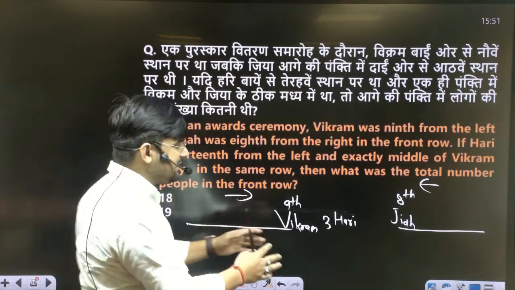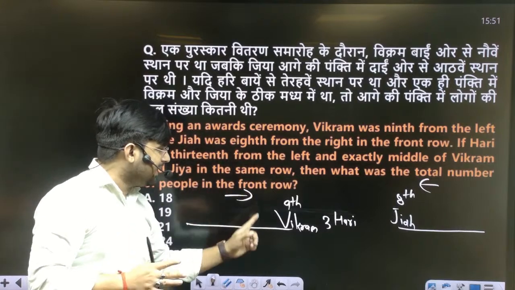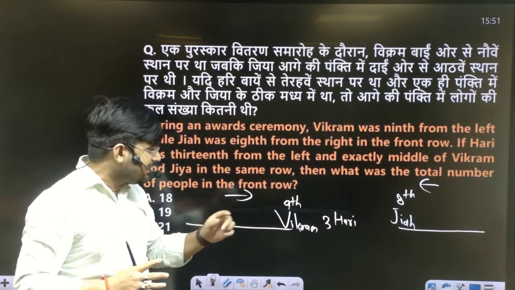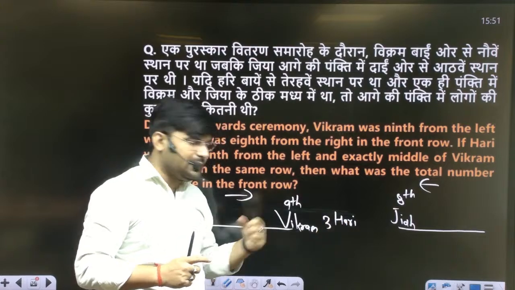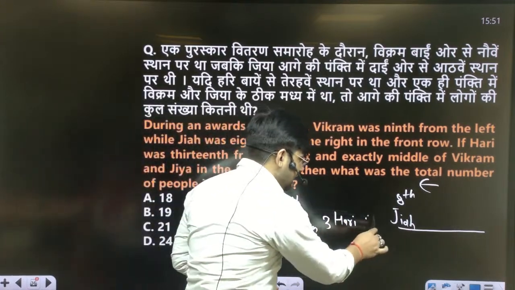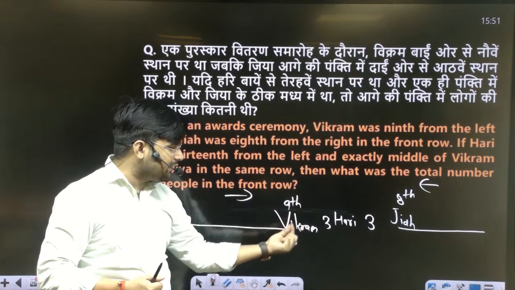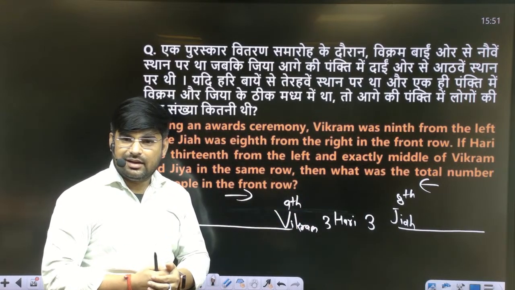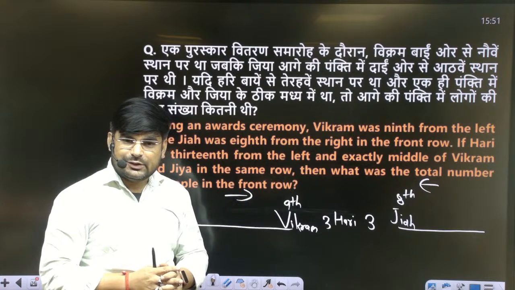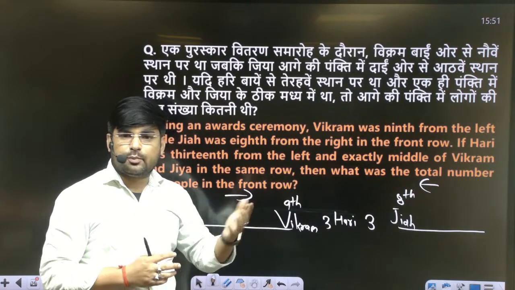And Hari was exactly between Bikram and Jia. There are 3 persons between Hari and Bikram, so 3 persons also sit between Jia and Hari. So Hari is exactly between Bikram and Jia. Is it clear?